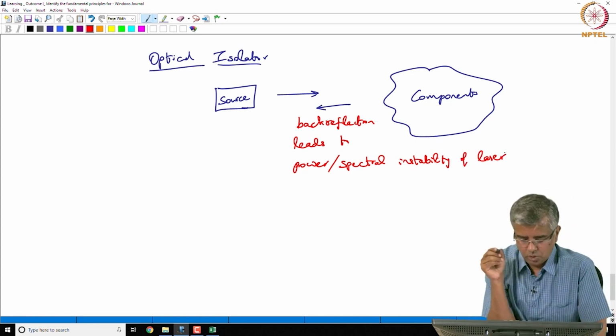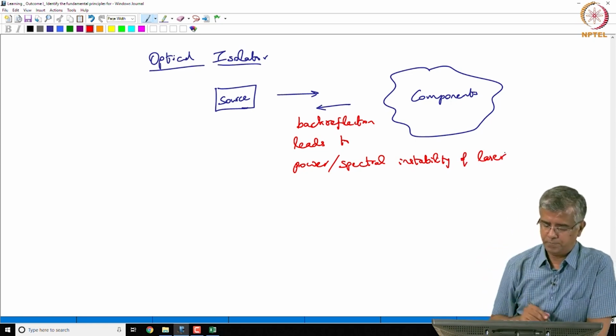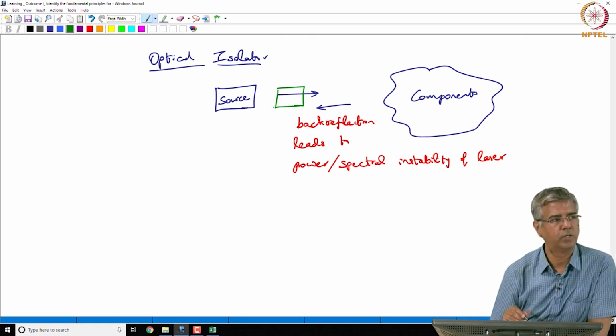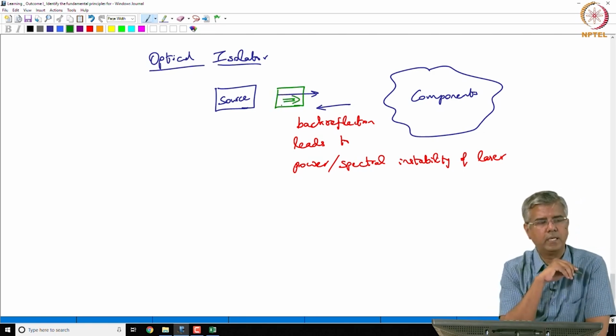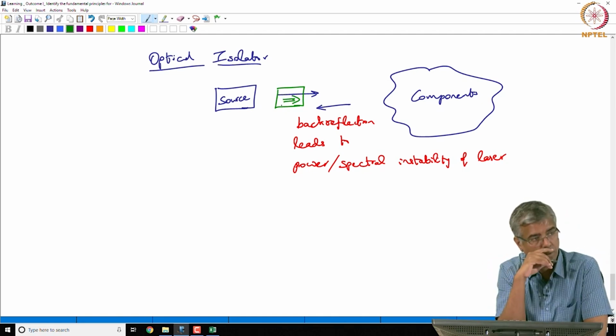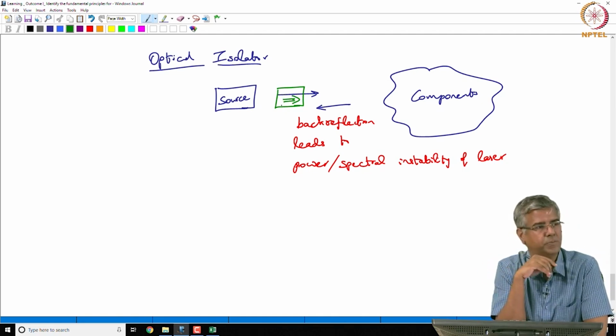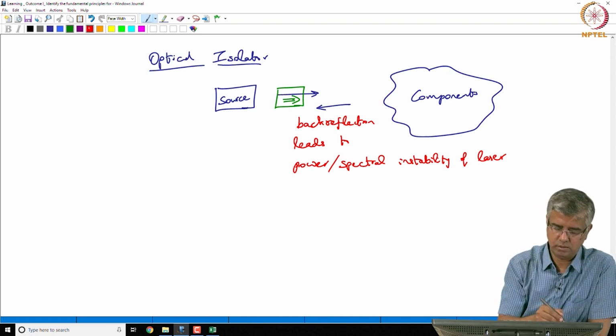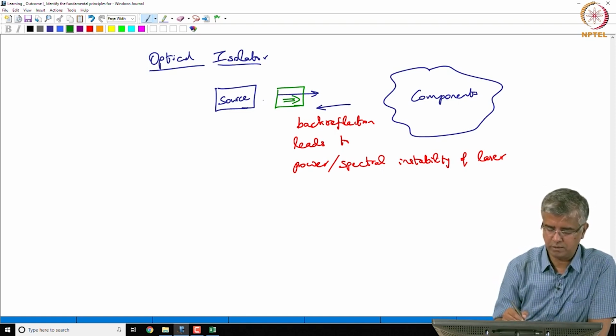So, you need to essentially introduce a component at the output of your source, such that it allows light to get transmitted in one direction, okay, but it should not allow light to come back.